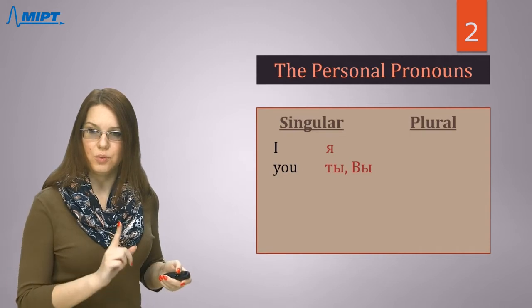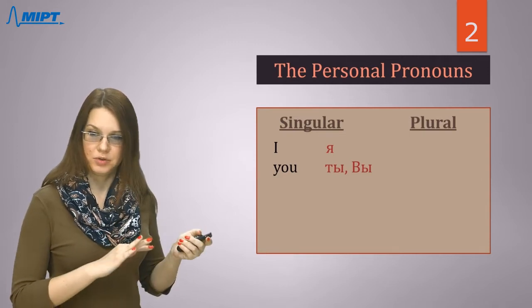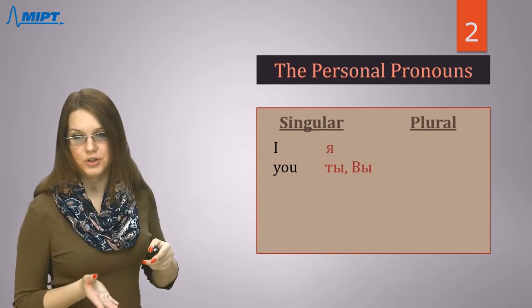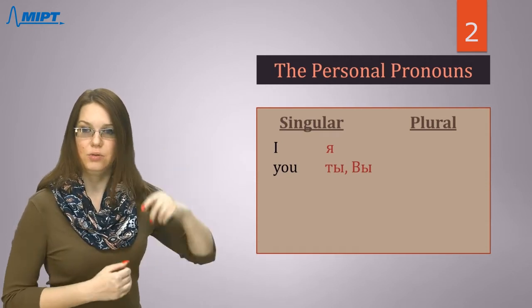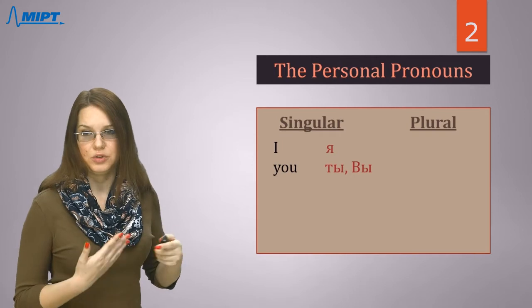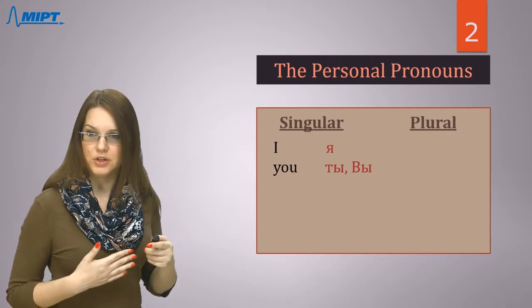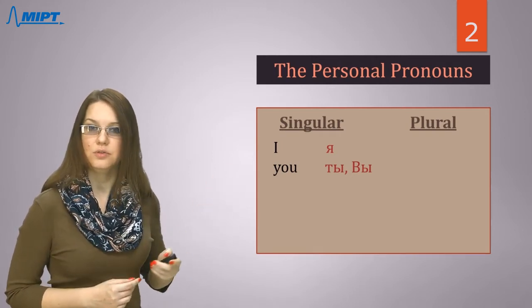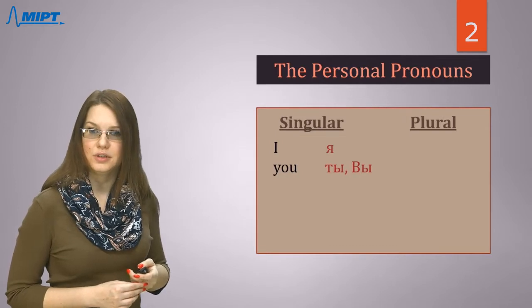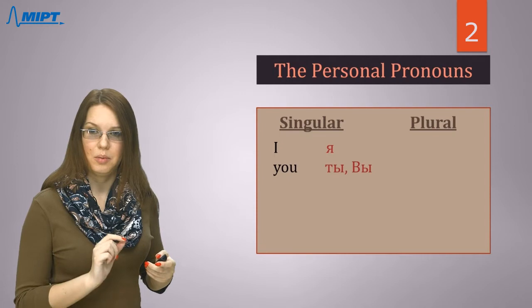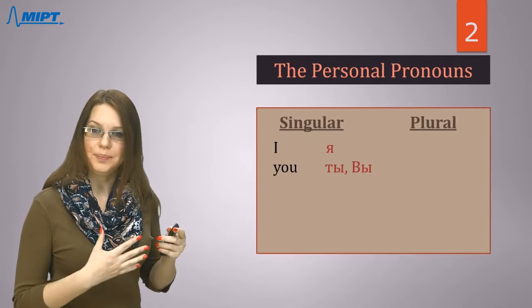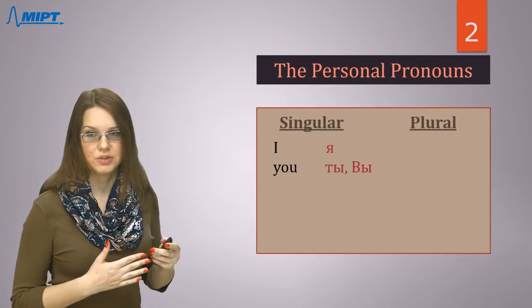If you're talking to one person, but this person is your teacher, your director, or this person is older than you, I'm talking about formal conversations, you need to say вы. So it's singular if you're talking to one person, but we use вы for formal conversations.